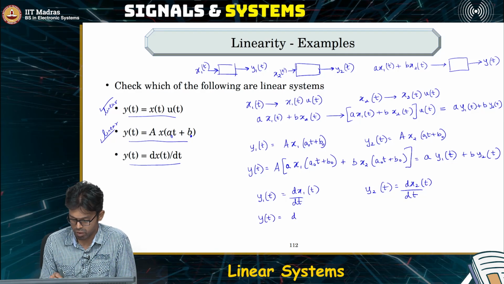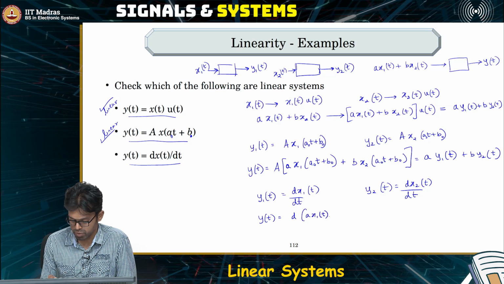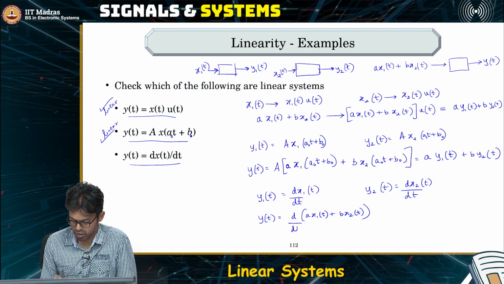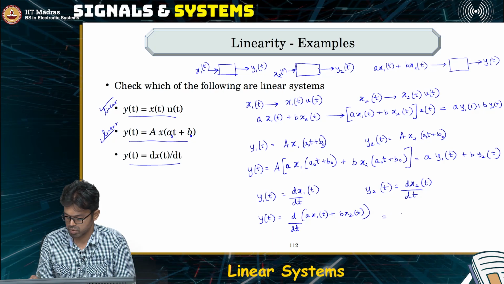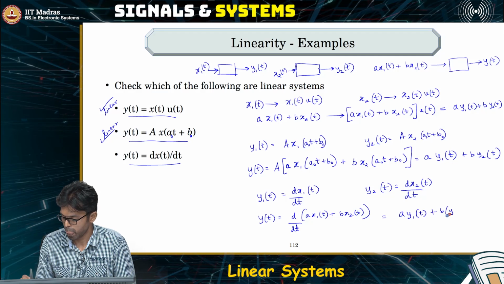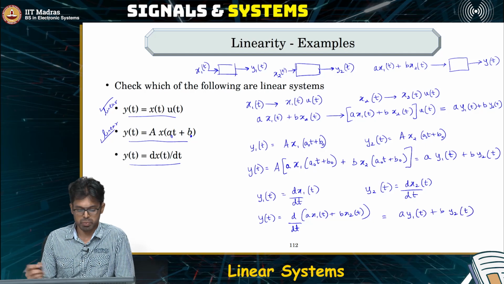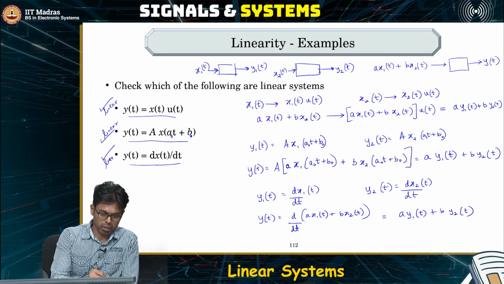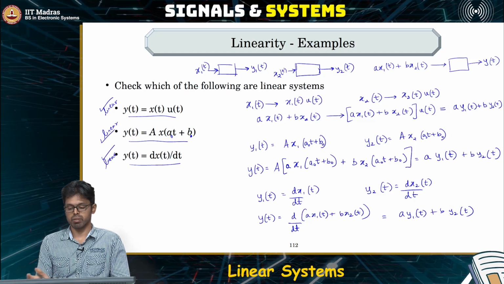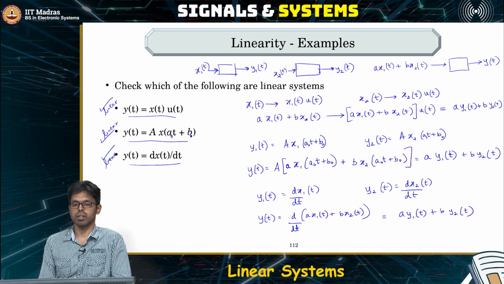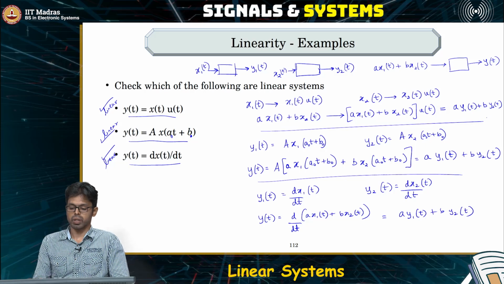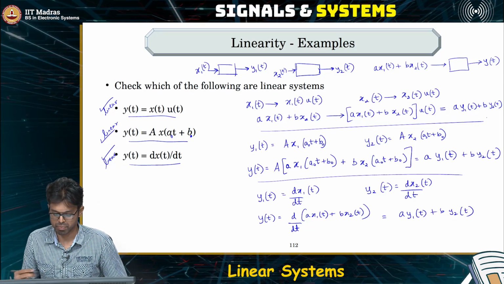So this is simply d of a x1 of t plus b x2 of t by dt, which is a times dx1/dt plus b times dx2/dt. So this also satisfies the linearity property. The linear combination of the inputs, when you take the derivative, produces exactly the same as the linear combination of the outputs. So this is nice. We have a set of linear systems here.